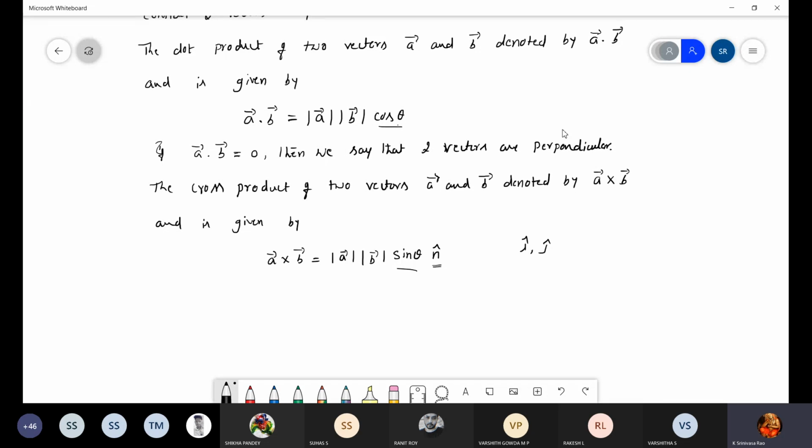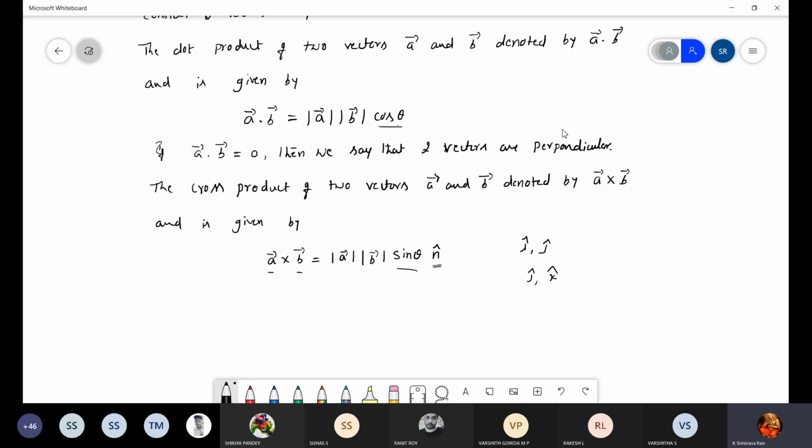K cap. Very good. I stands for x-axis, J stands for y-axis, so z-axis is perpendicular to both. Similarly for J and K: J is y-axis, K is z-axis, so the other axis is x-axis, nothing but I cap. So n cap stands for a vector which is perpendicular to both A and B, and it will come as one extra term in cross product.